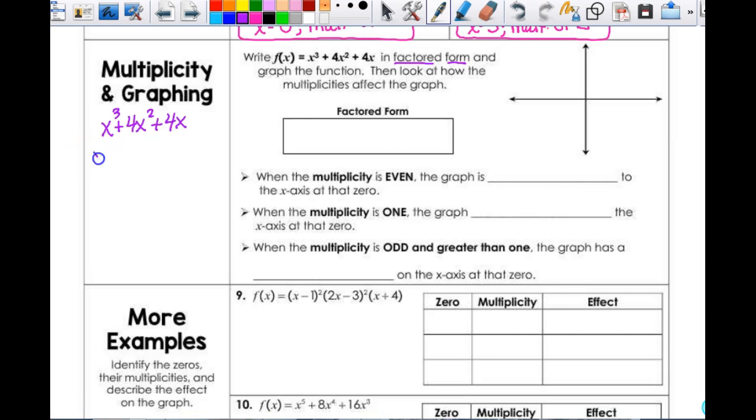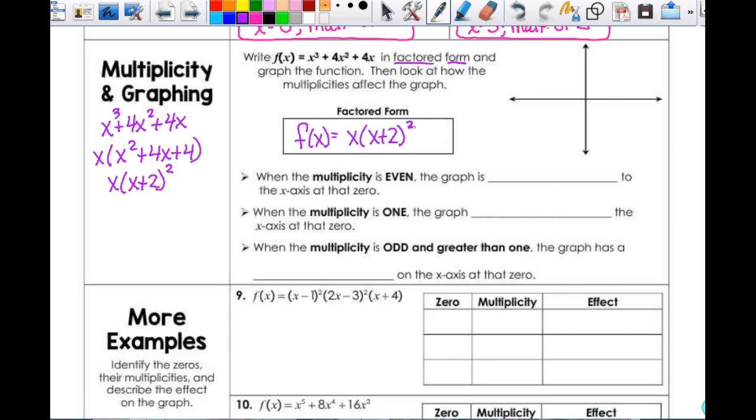Okay, so I factor the x, get x squared plus 4x plus 4. Well, once again, a is 1, half of 4 is 2, square it and get 4. So that means I get x times x plus 2 squared. So the factored form then is f of x is equal to x times x plus 2 squared.